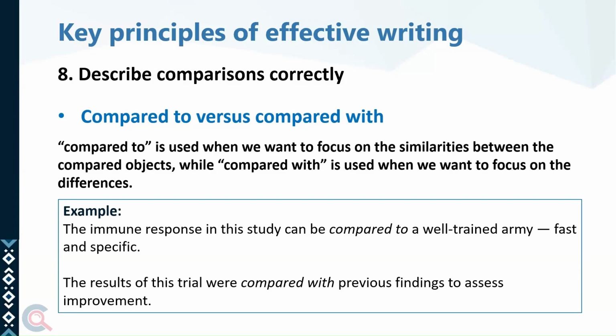Obviously, the message is that we are trying to make the immune system in the study similar to that of a well-trained army. But in the other sentence, "The results of this trial were compared with previous findings to assess improvement," "compared with" talks about differences. So we use "compared to" when we want to focus on similarities and "compared with" when we want to talk of differences.